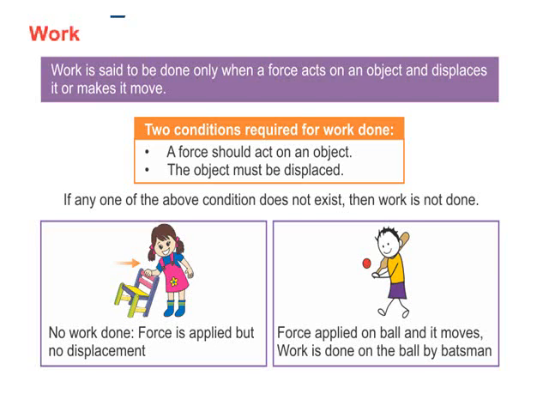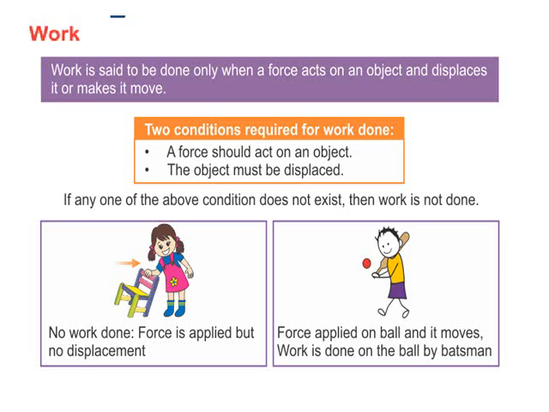So again, work is said to be done only when a force acts on an object and displaces it or makes it move. So, if work has to be done, a force must act on the body and the force must displace the object. So, both the things should happen.